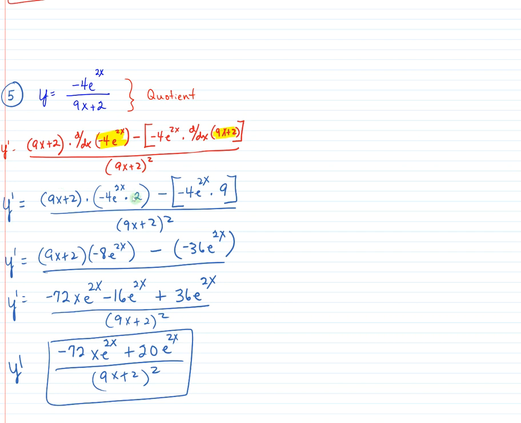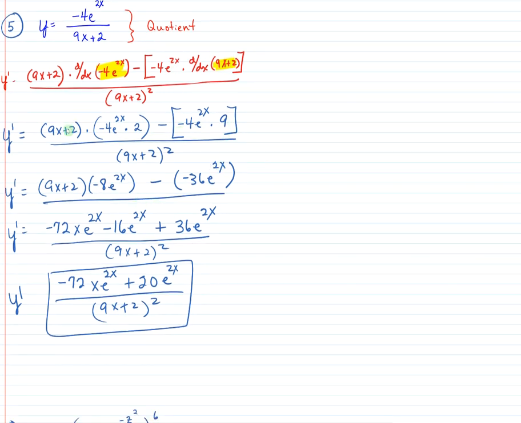All right, so in this line, I'm going to take the derivative of this piece. So that's negative 4e to the 2x times the derivative of 2x, which is 2, minus negative 4e to the 2x, the derivative of this is 9. So I've just taken, in that line, I just took the derivatives.